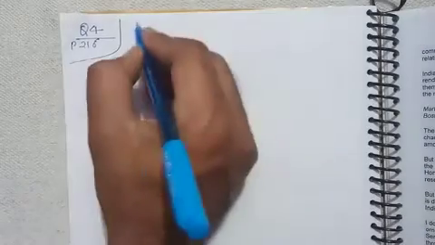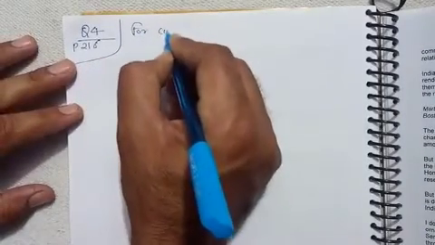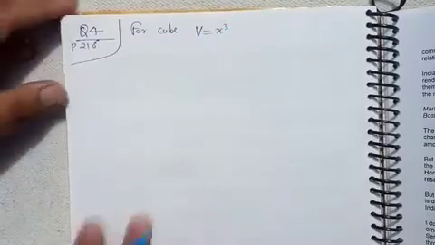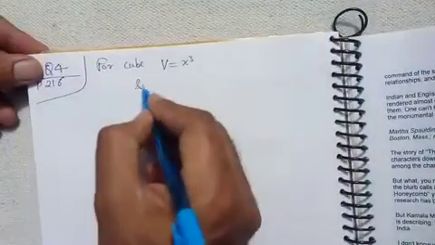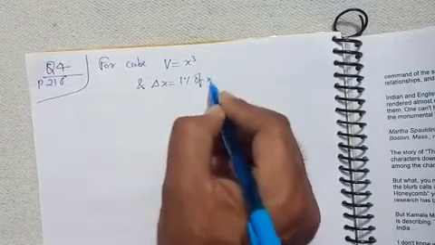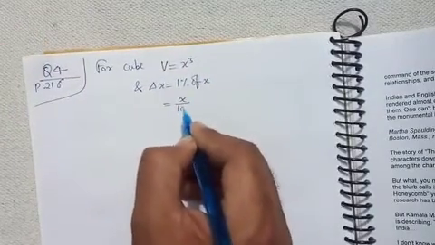If the side is increased by 1%, what will be the corresponding increment in volume? For a cube we have V equal x cube, and it is given delta x is 1% of x. It means x by 100.